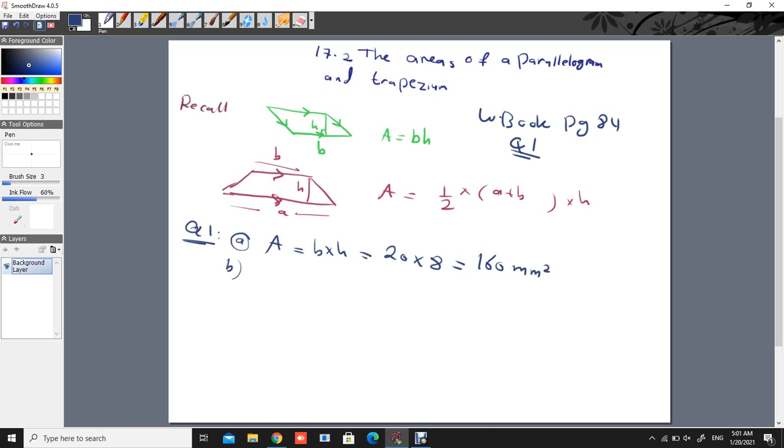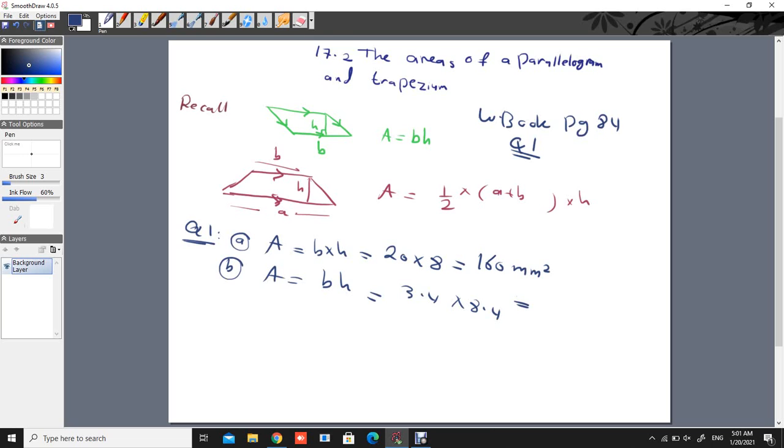Now B, the base is 3.4 and the height is 8.4. So the area equals base times height. So 3.4 times 8.4. Now here, multiplying decimals. You have to know that this is a parallelogram, so the area is base times height.